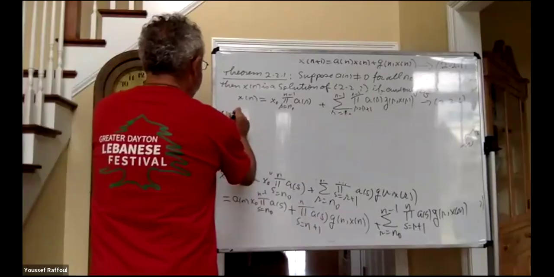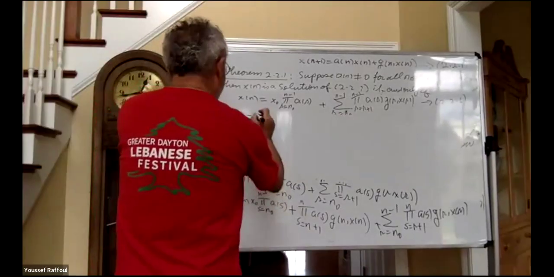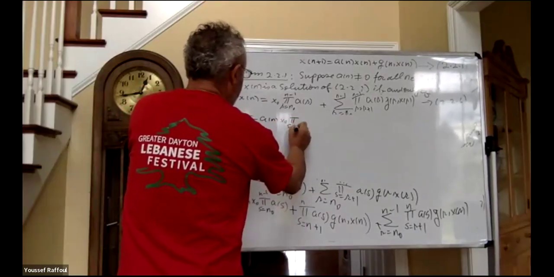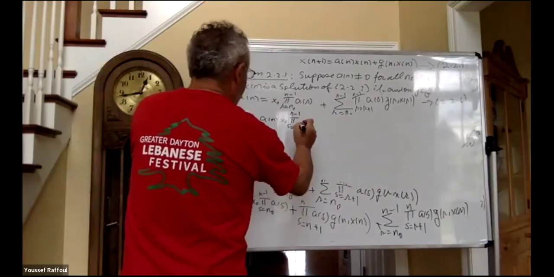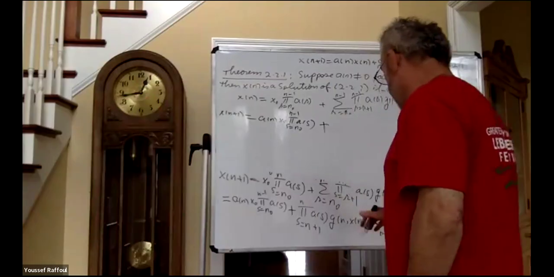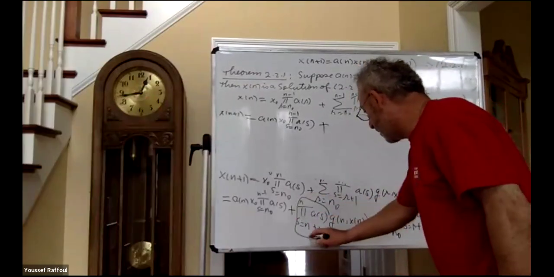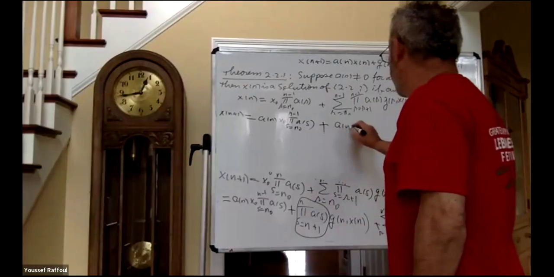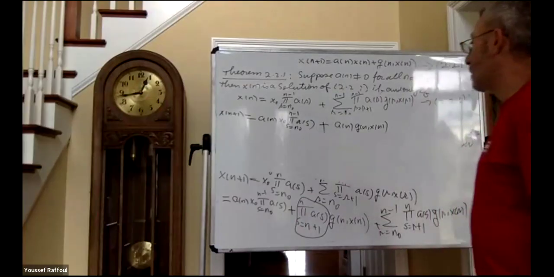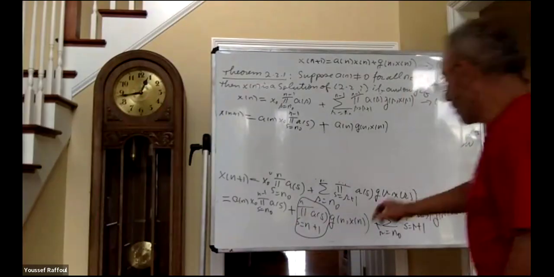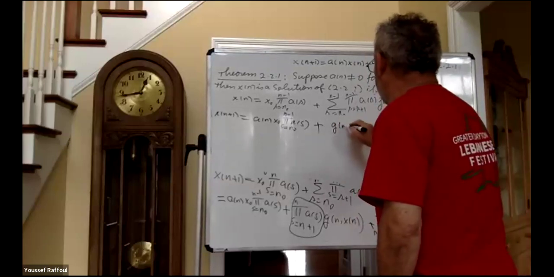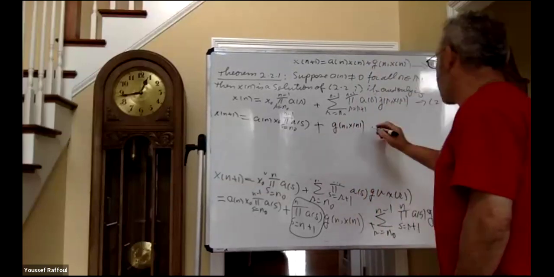So I have xn plus 1 equal to an x naught, the product s equal n naught to n minus 1 as a plus. This is 1, correct? That is 1 plus an gn xn. Sorry, no. This is gnxn a plus.